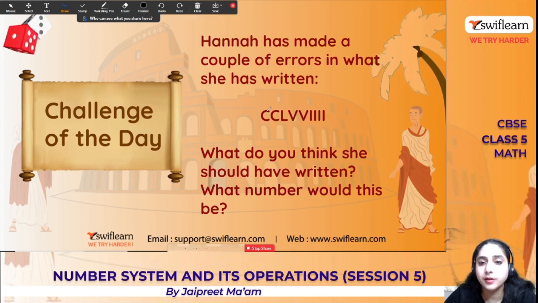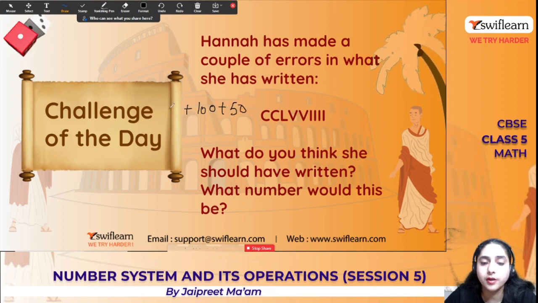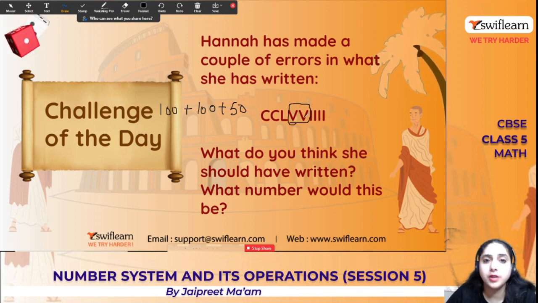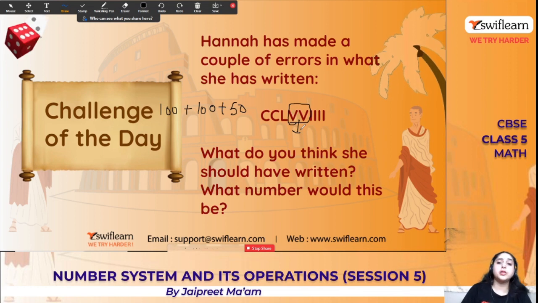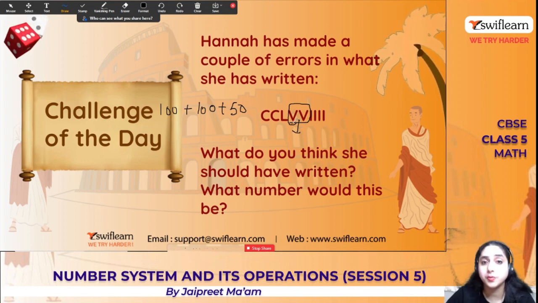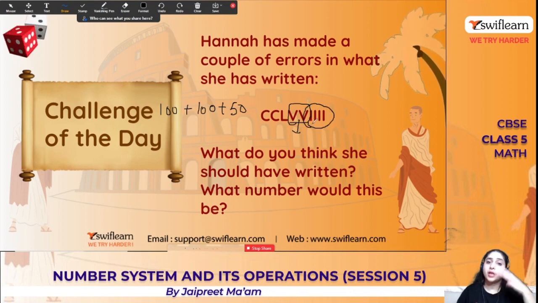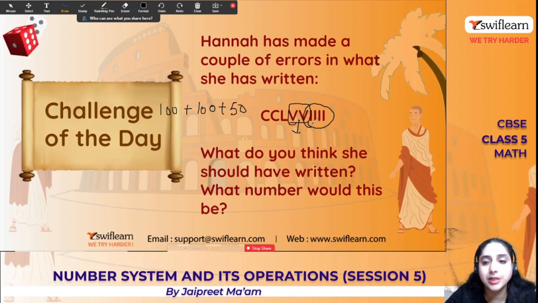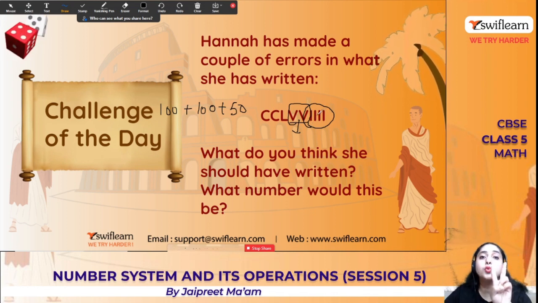Then V and V. We can't write V and V. It is not the rule of repetition. I have already told you we can't repeat VV. It's wrong. We can't repeat LL. So VV is the error, and we can't write I more than 3 times. So it's again wrong. So we have found the 2 errors.